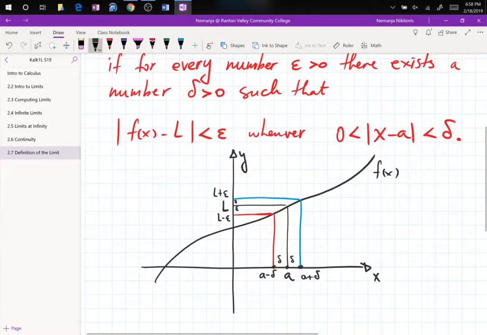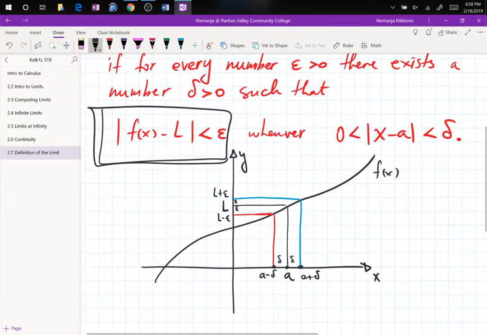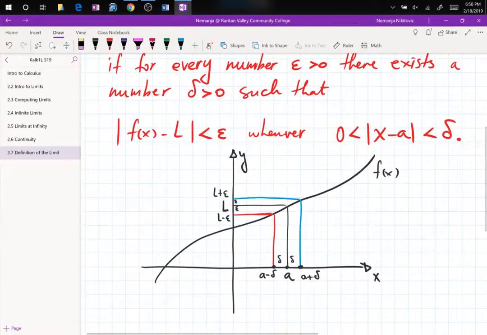Now, a statement like this, what would this mean? Well, note that you have f minus L. f minus L is the difference between f and L, right? So this value is your x, which is getting closer to a.